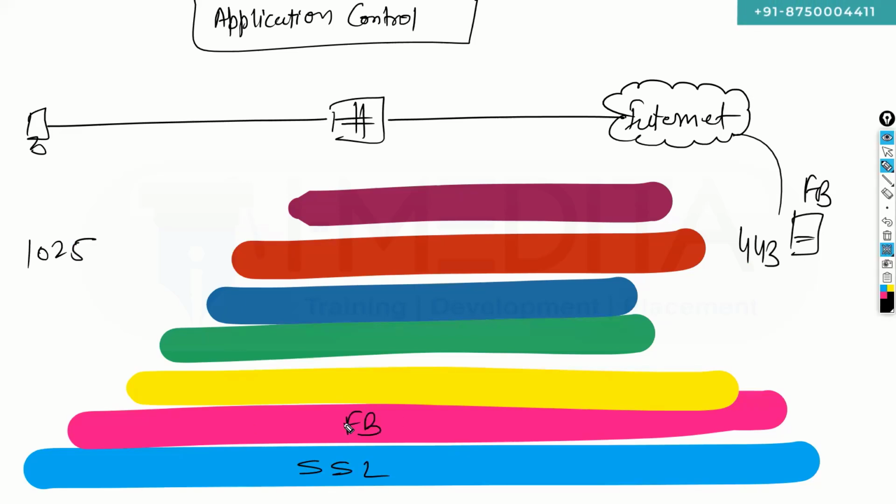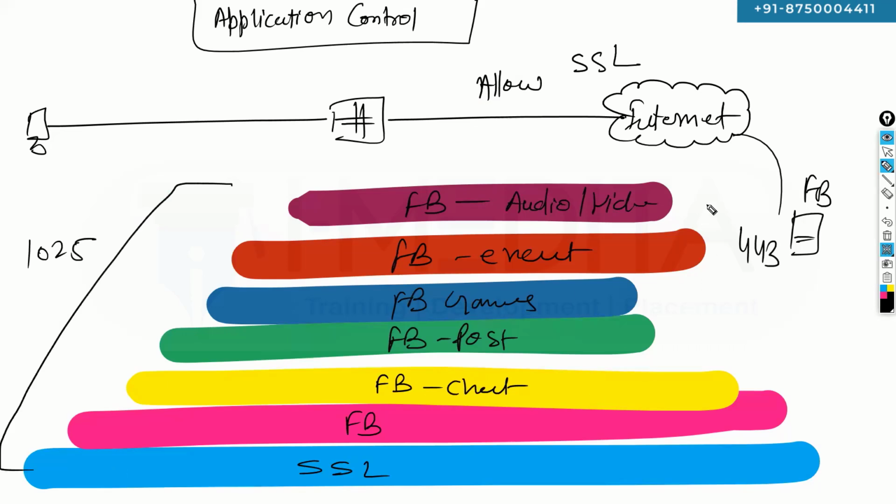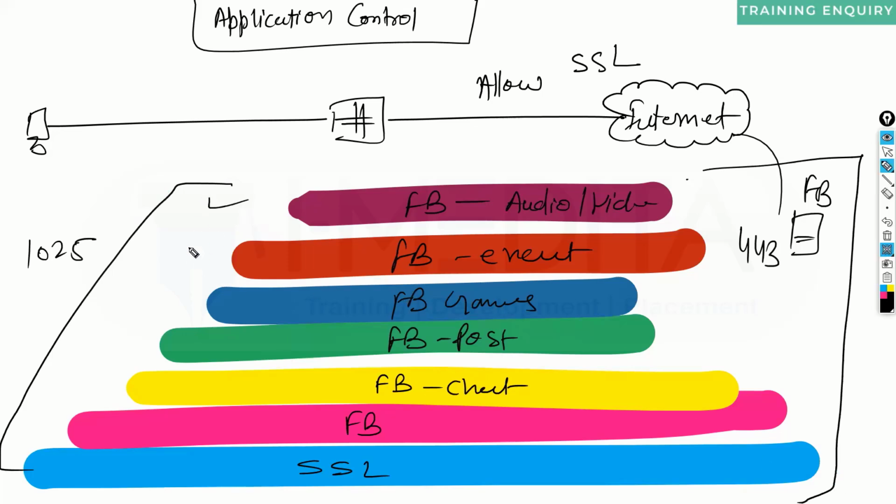Under SSL, there will be another session like Facebook. Then there will be other sessions like Facebook chat, Facebook post, Facebook games, Facebook events, Facebook audio, video, etc. Normally, when we allow SSL, then when the client is communicating with the server, this entire application communication is allowed by default.